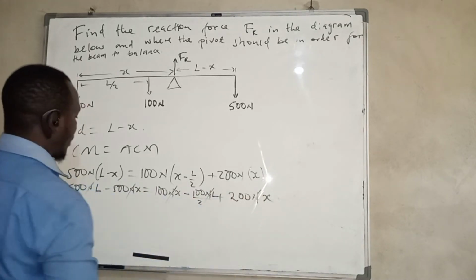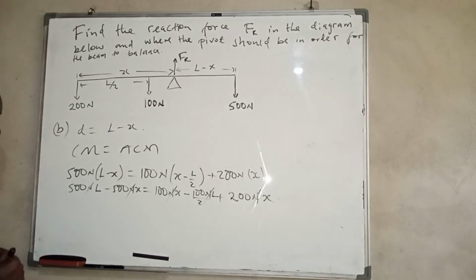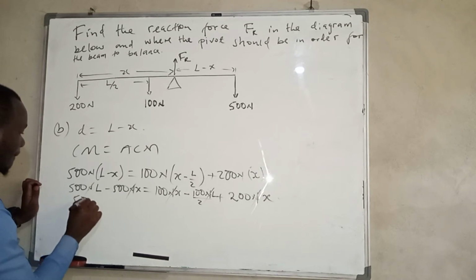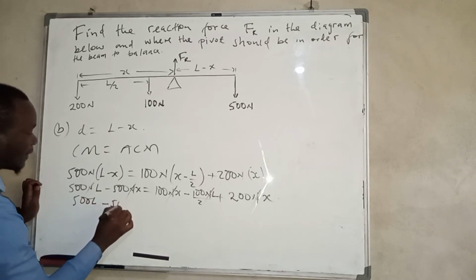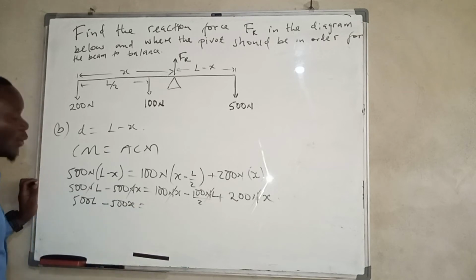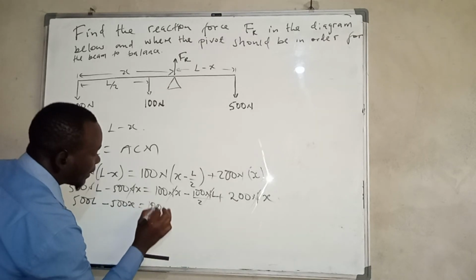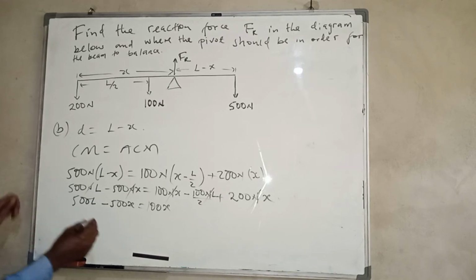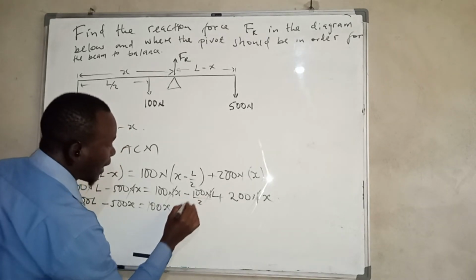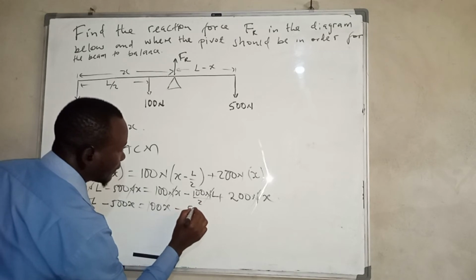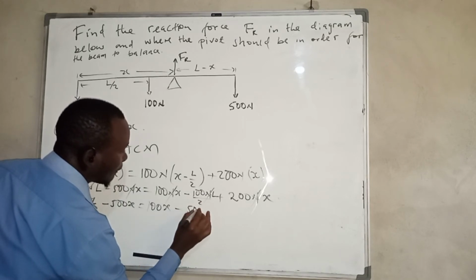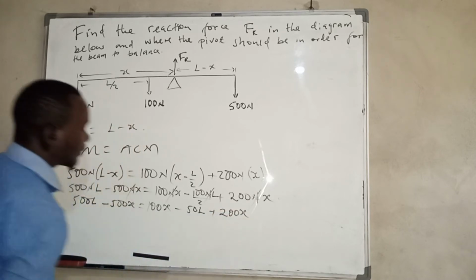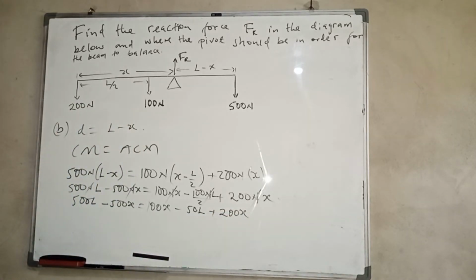So from this we have 500L minus 500X is equal to 100X minus 2 into 100, 50L, plus 200X.